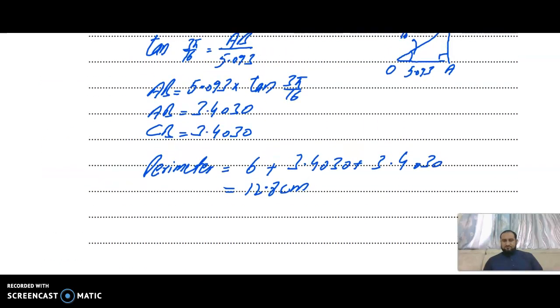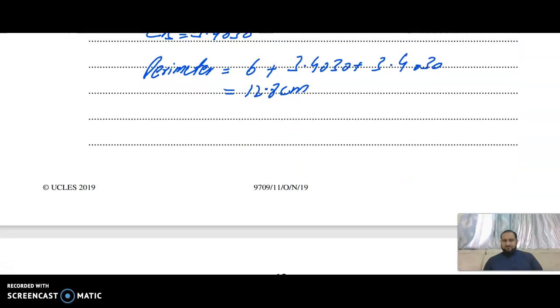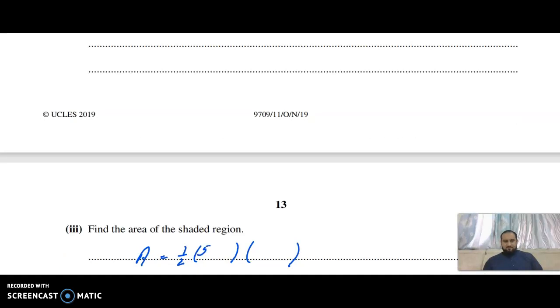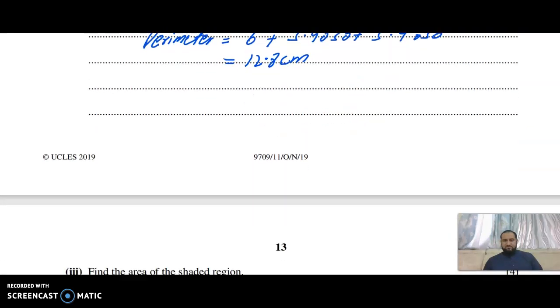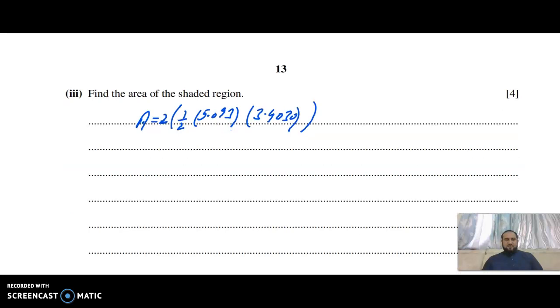So the base is our radius, which is 5.093, and the height is 3.4030. Technically, we just double this to find the total area of the triangle. Then the area of sector will be half r squared theta.